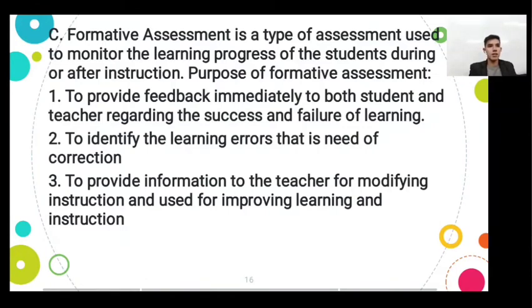It's connected to each other. Na kapag maganda yung outcome ng grades ng student, it also means that your teaching is okay. But not at all times na kapag maganda yung grades ng bata, maganda yung teaching mo.